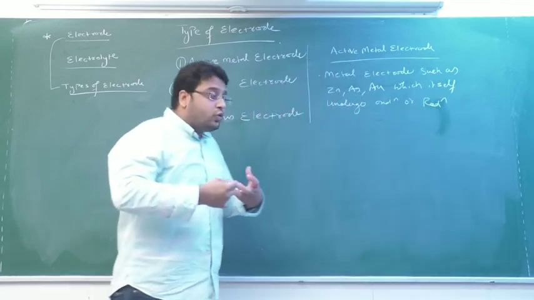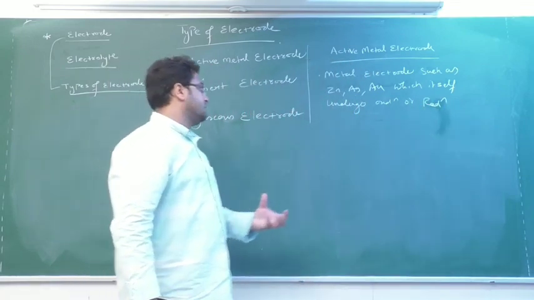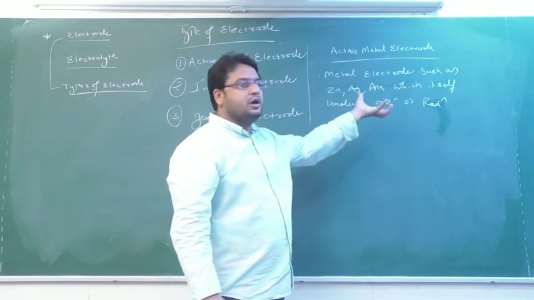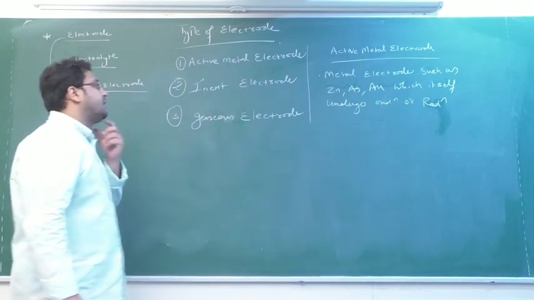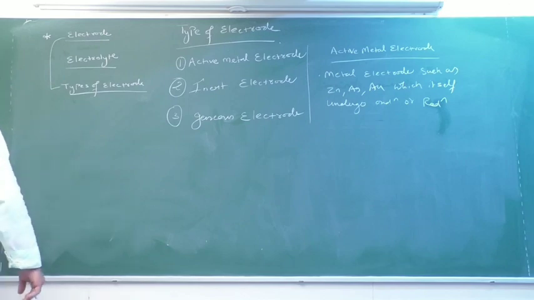See, they themselves will do the reaction. Write down: active metal electrode such as zinc, silver (Ag), gold (Au), which undergo oxidation or reduction.